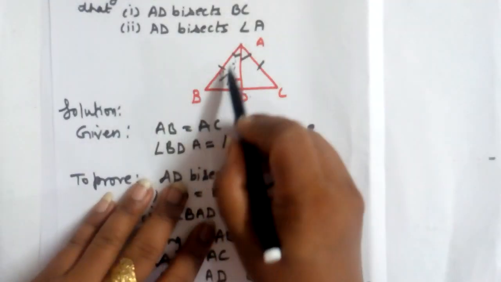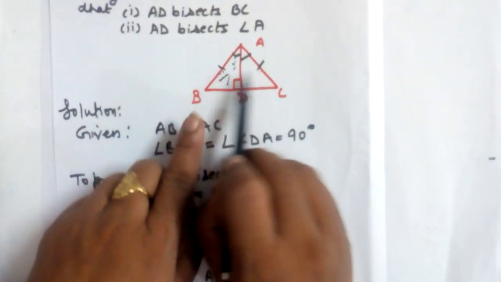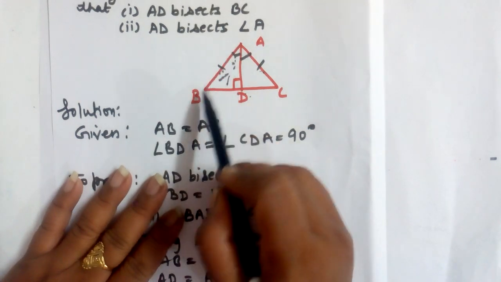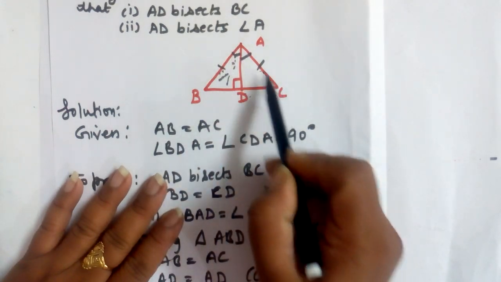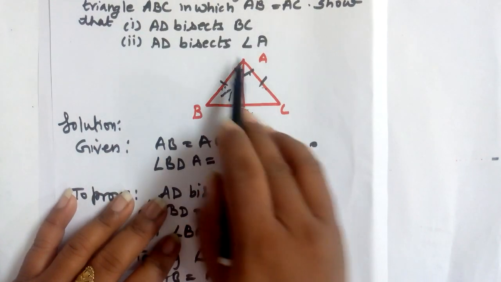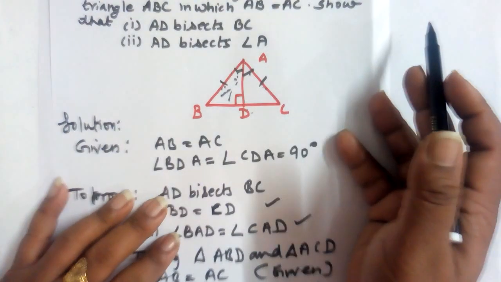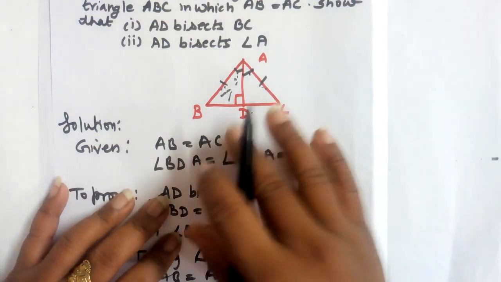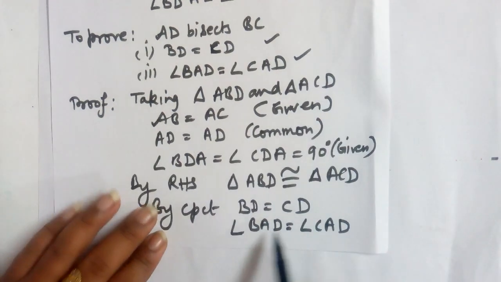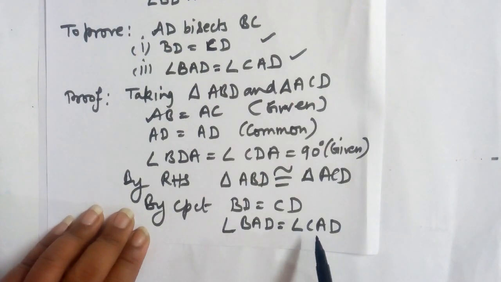Since these two triangles are congruent to each other, hence BD is equal to CD and angle BAD is equal to angle CAD. That is what we needed to prove, that AD bisects angle A. Bisects means it divides into two equal parts. So hence we have proved both the things that we needed to prove. I hope it is very clear to you.